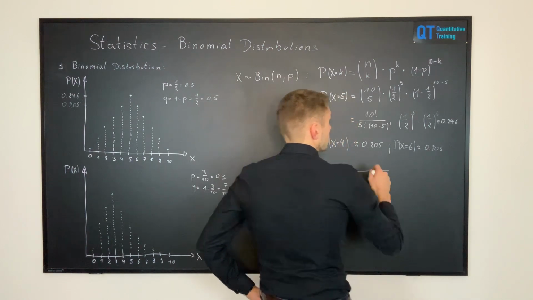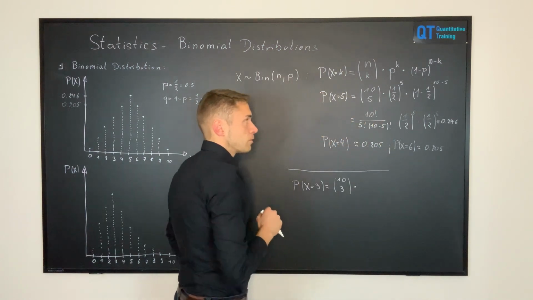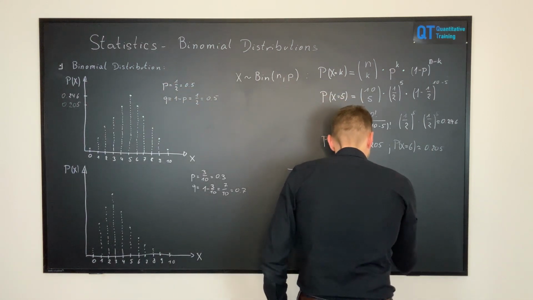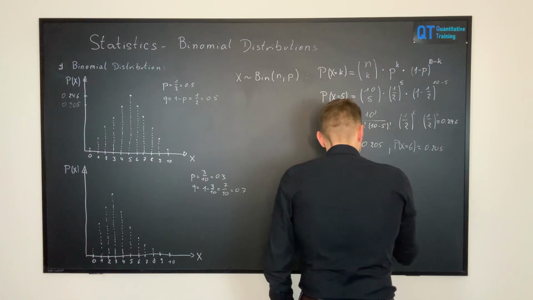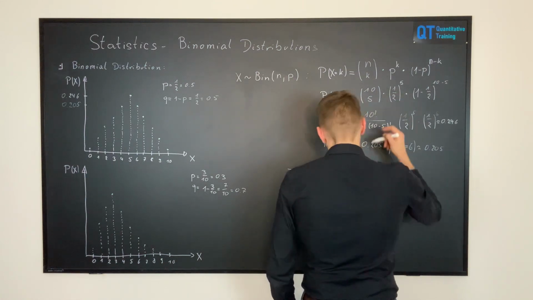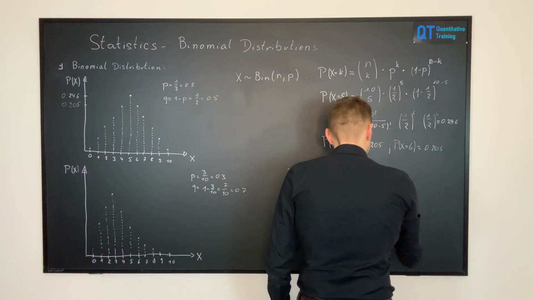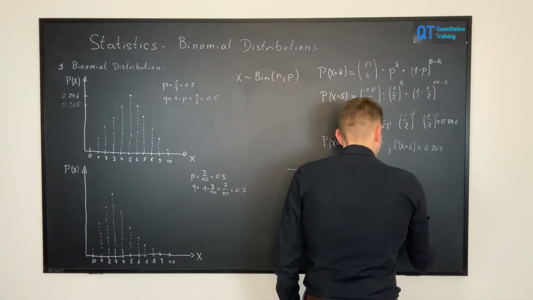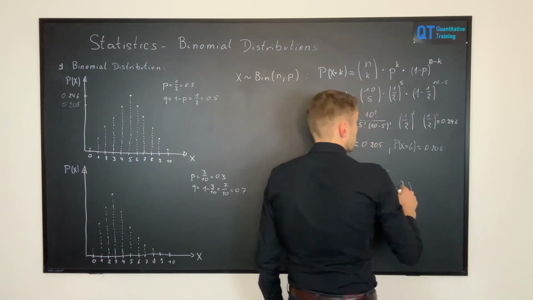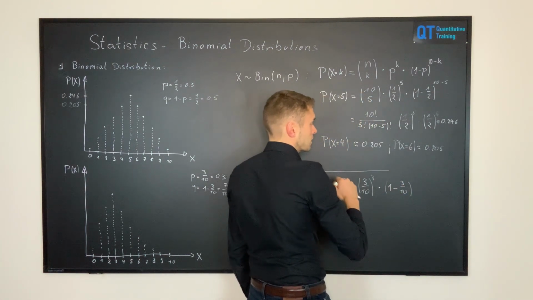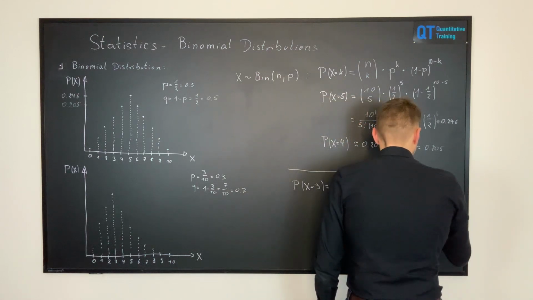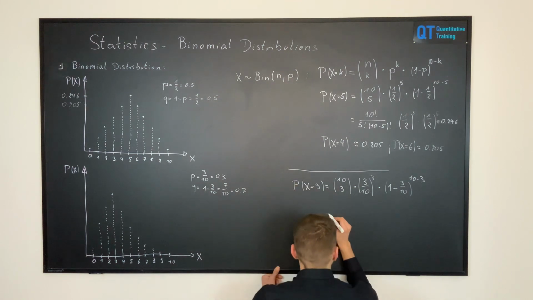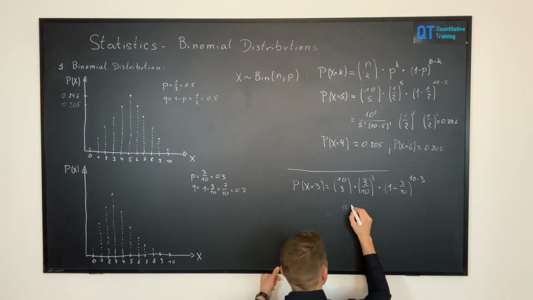And contrary to the previous example, we don't have a probability p of 1/2, but 3/10, to the power k, or this time 3, times 1 minus 3/10, and this time not to the power 10 minus 5, but to the power 10 minus 3.